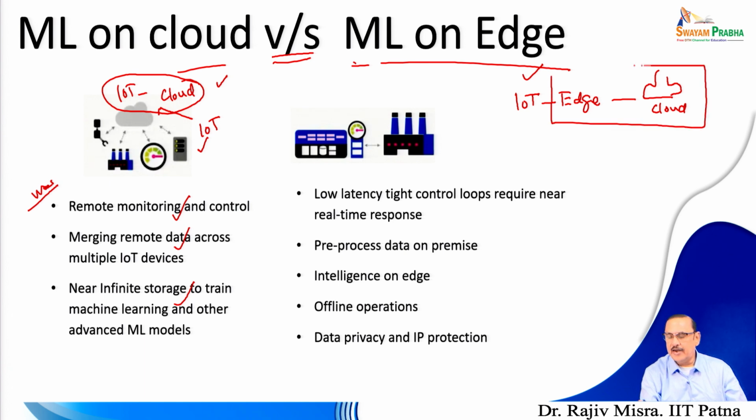If this edge layer is equipped with the capabilities of cloud-like services, or it mimics the cloud-like services, then the IoT data has to be sent only up to the edge and get the result back.